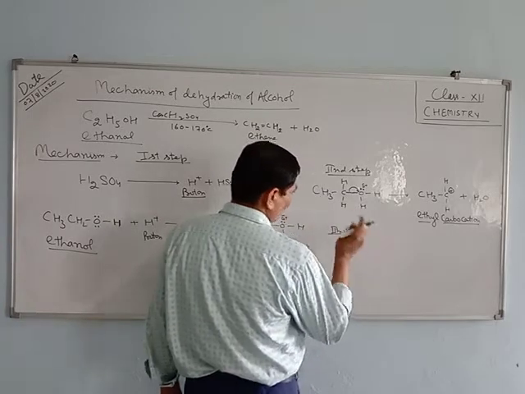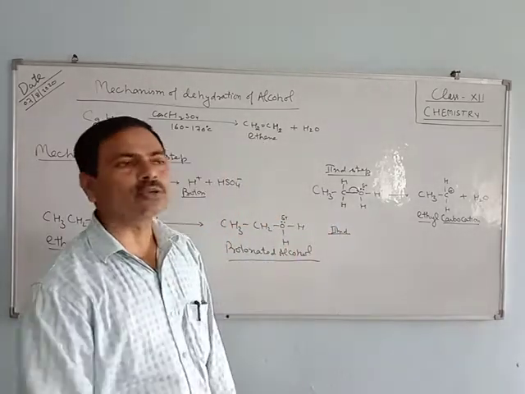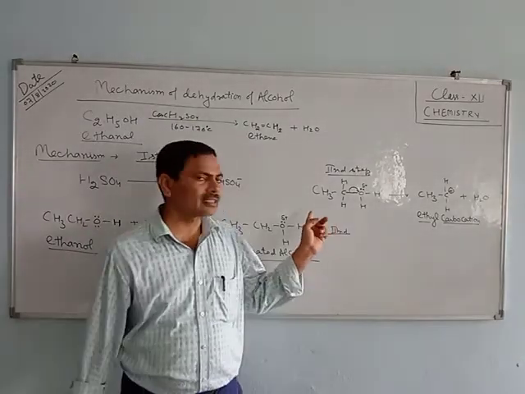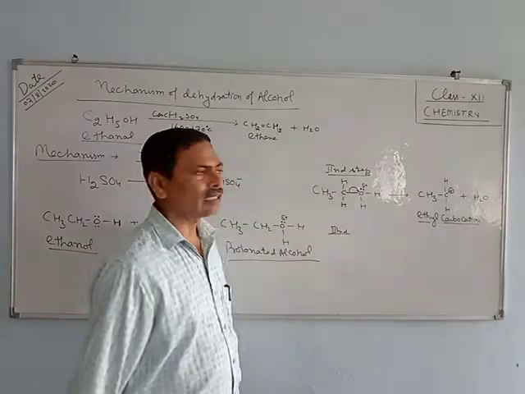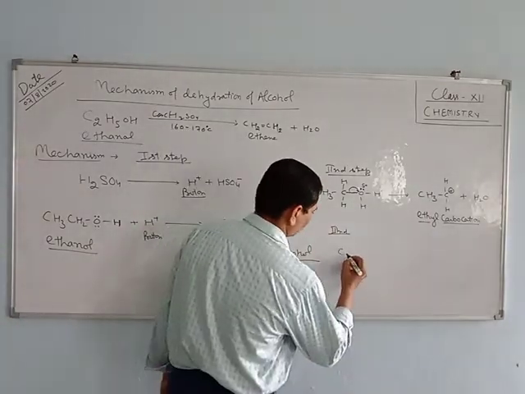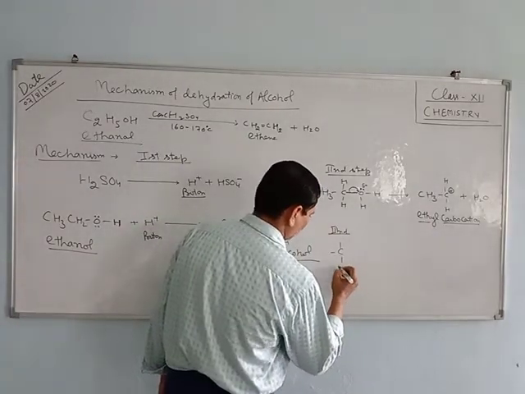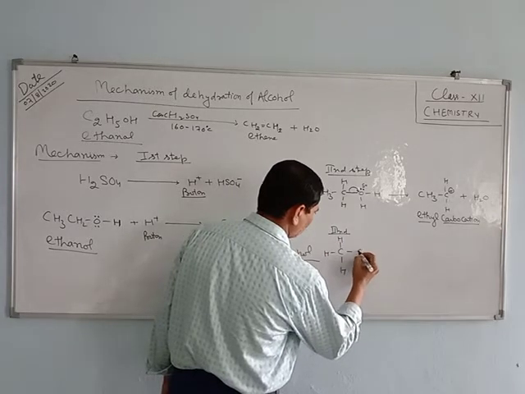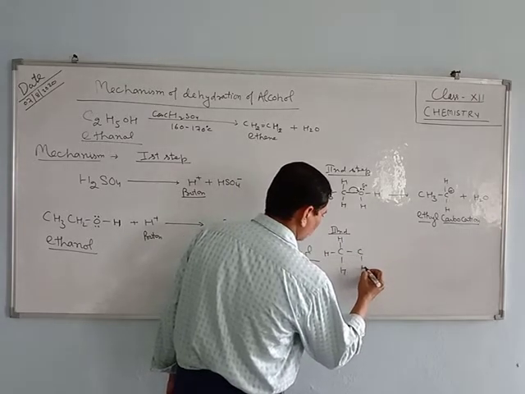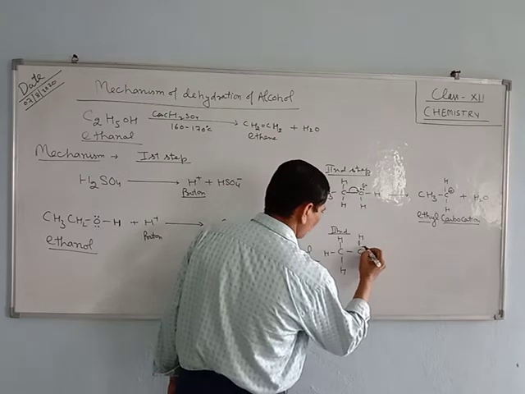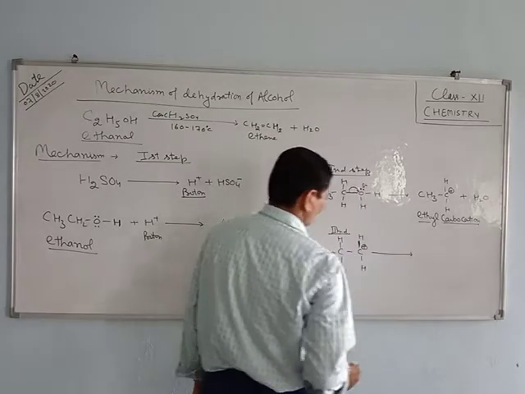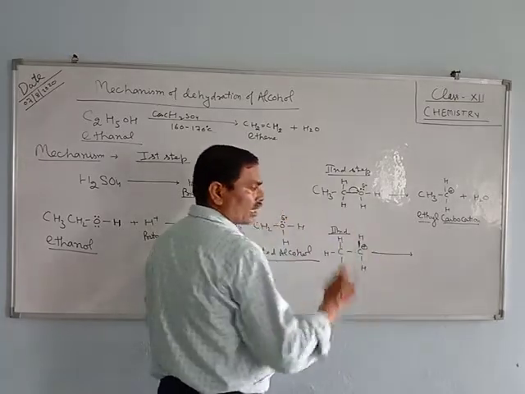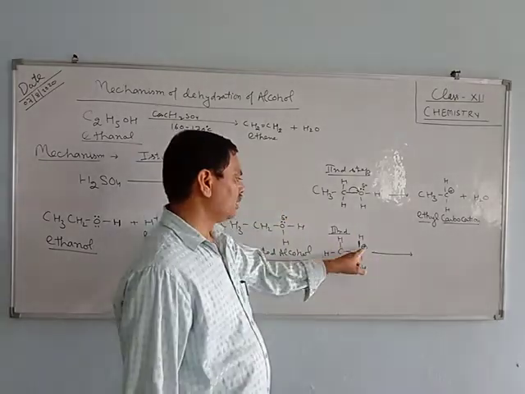I mean to say, in the second step, elimination of a water molecule takes place. And in the third step, this is CH3CH2 with a positive charge. Now this is the positive charge carbon atom, and this is the nearest carbon atom.